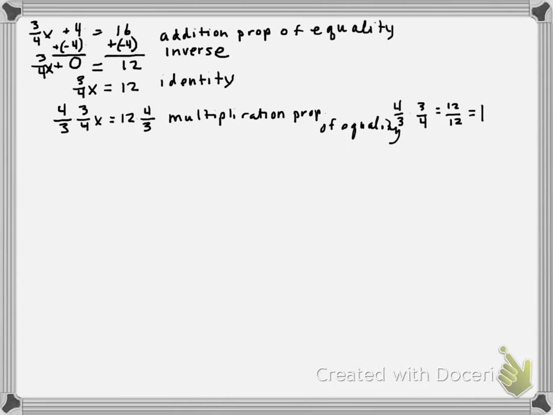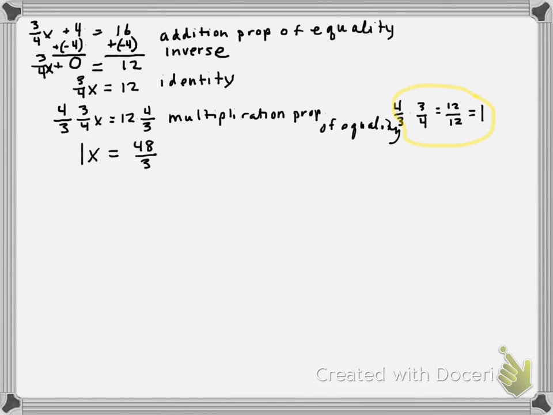Okay, now see how over here we talked about why we picked 4/3 and 3/4. It's because it's an inverse, and when we multiply them they become 1. So 4/3 times 3/4 is 1x. That equals 12 times 4 is 48 divided by 3.